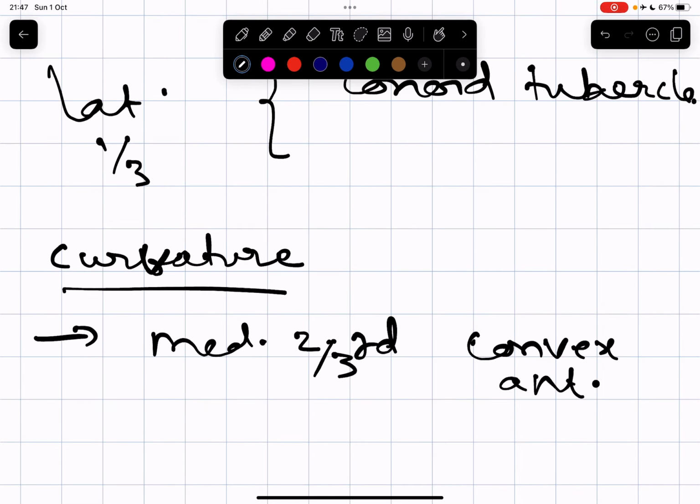And on the inferior surface, we see a small depression here. That is for the attachment of the costoclavicular ligament. Similarly, in the lateral 1/3, we find this triangular projection known as the conoid tubercle. It should be placed inferiorly. So this is how you determine the side of the given clavicle.